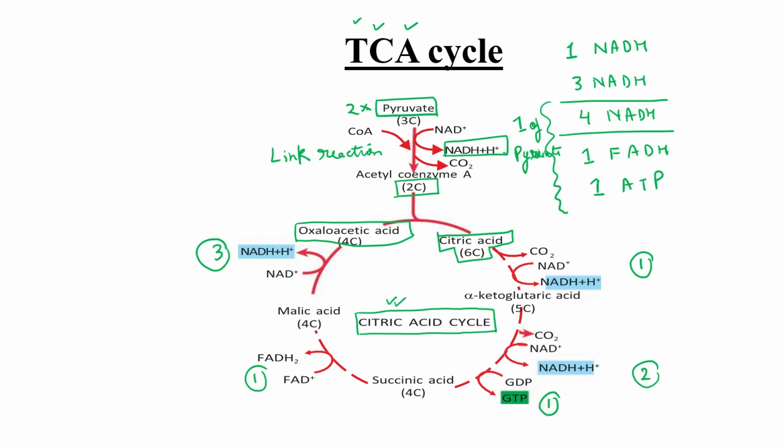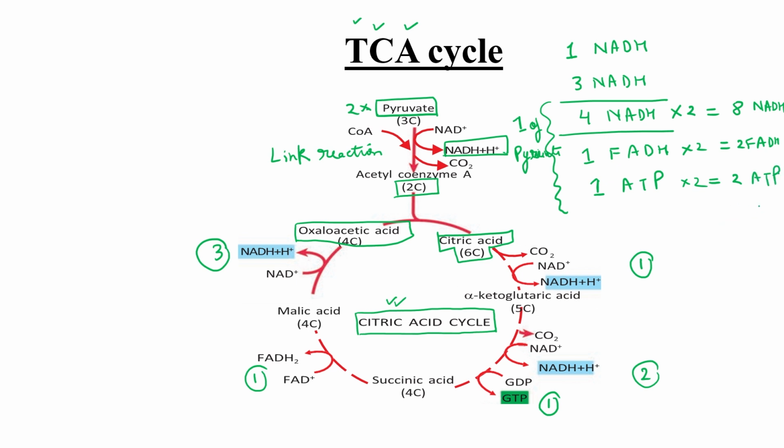So if somebody asks how many NADH or FADH have been generated by utilizing 1 molecule of glucose, then we can write 4 into 2, means 8 NADH, 2 molecules of FADH, and 2 molecules of ATP.